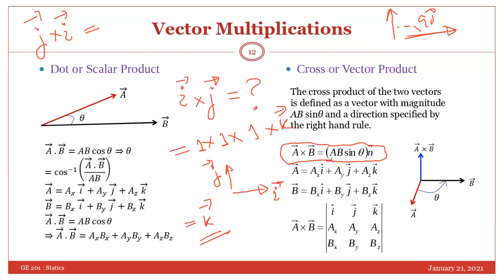That is the minus z direction, so the unit vector will be minus k. So the answer here will be 1 into 1 into sine 90, that is also 1, into minus k. So the answer will be minus k. When you take j cross i and i cross j, they are equal in magnitude, but opposite in direction, because one is equal to k and the other is equal to minus k.